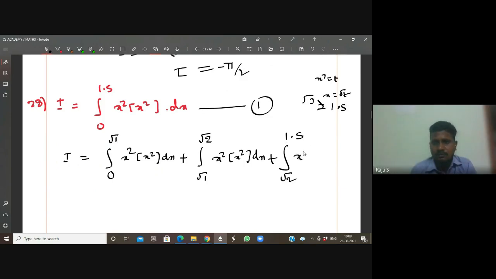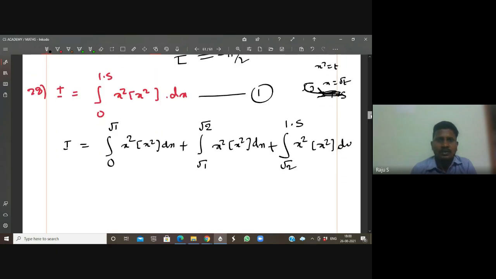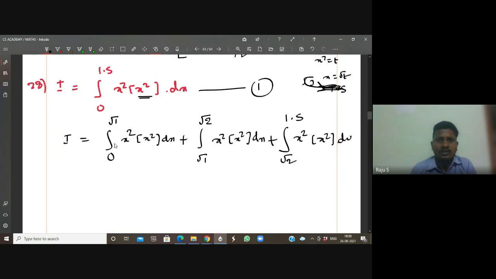Don't take 3 here, because root 3 is greater than 1.5. So once again, x square is there: 0 to root 1, root 1 to root 2, root 2 to 1.5. If it is 2.5, we may take root 3 also, root 3 to root 4, root 4 to 2.5. You have to write all the values.